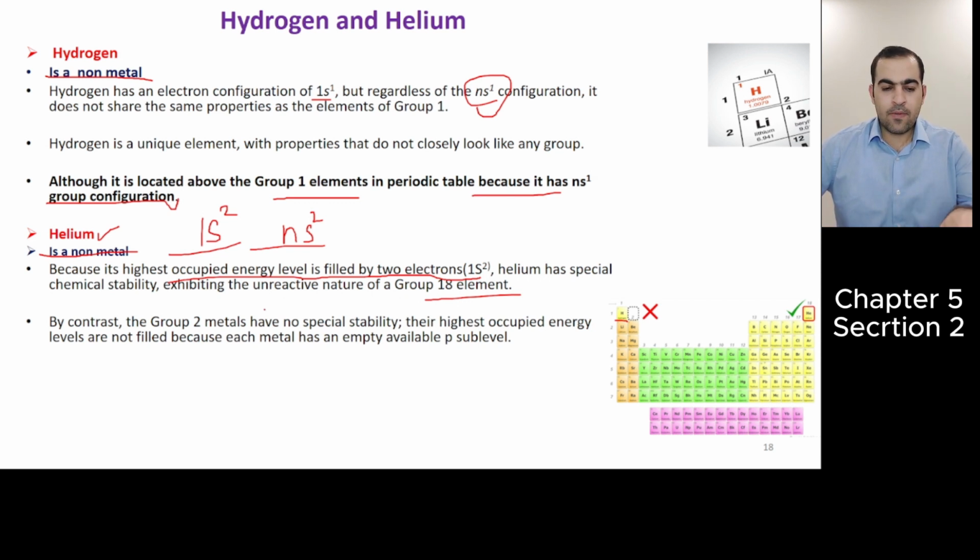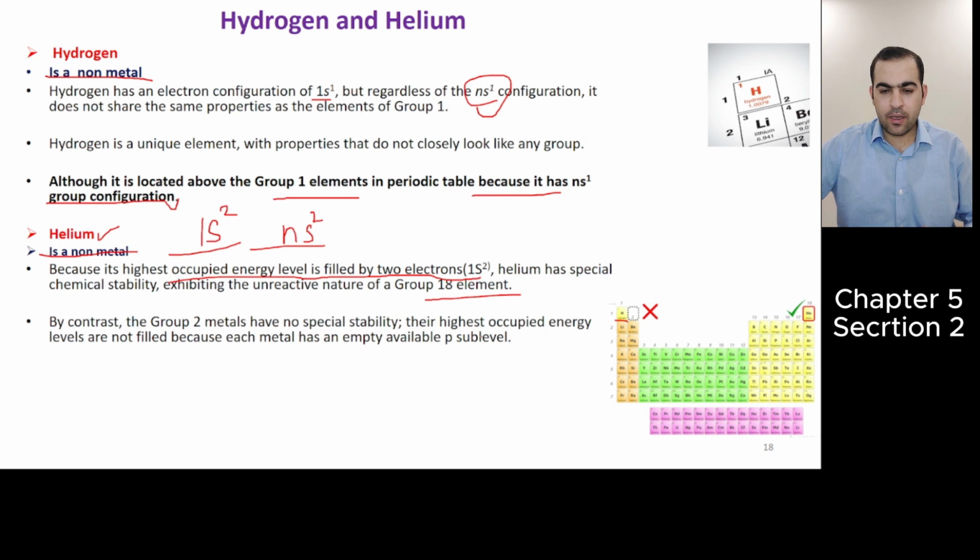And you might ask, why are group 2 elements not reactive? They have 2 electrons in the last shell, so why are they unreactive? Because group 2 elements start from the second period.